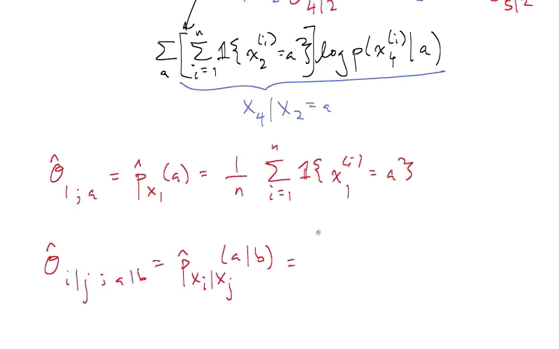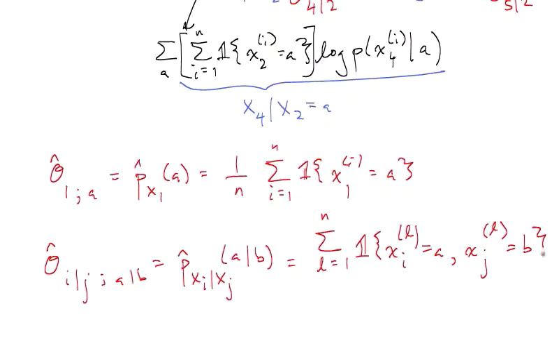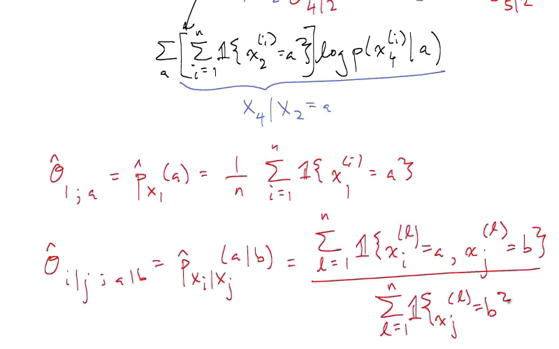So that's going to be the sum from, I'm now going to use dummy variable l for the training data, l going from 1 to n of indicator that xi of l is equal to a and xj of l is equal to b, all divided by the sum over all the training data where we have xj of l equal to b.